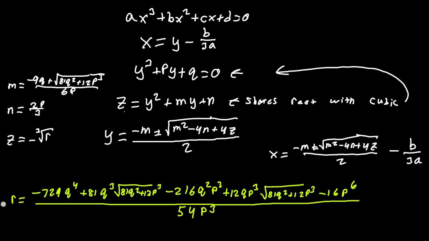And if you want to find the other solutions, you simply have to multiply by the root of unity, which is negative 1 plus or minus i root 3 over 2. After solving for y with the root of unity, it will give you one of the other solutions to the cubic.